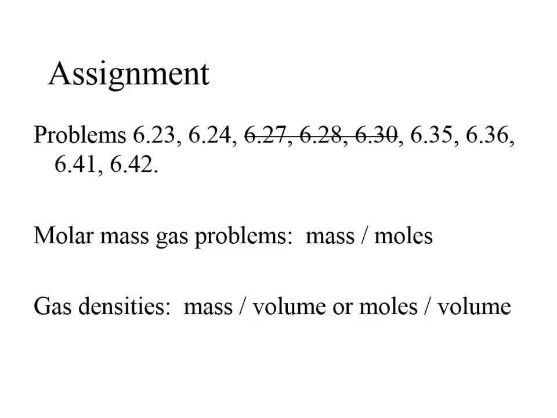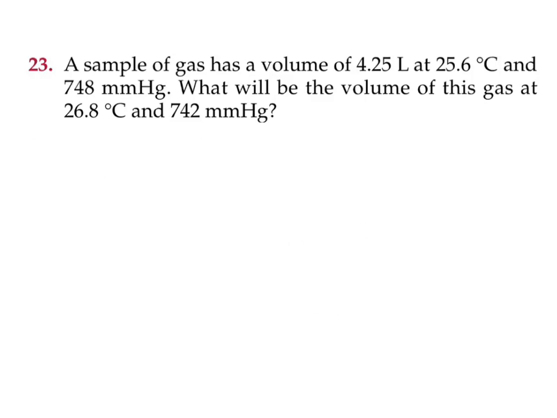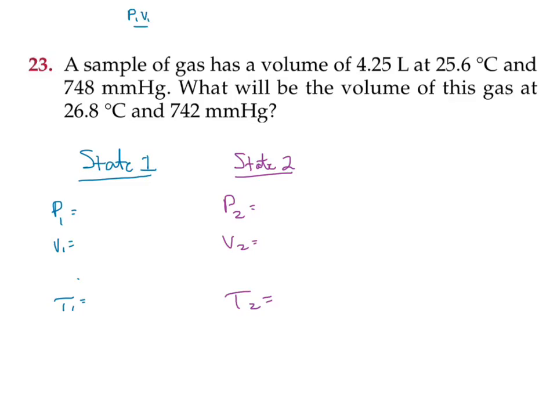So 623 looks like this. Now, some of these hints, you wouldn't necessarily go this route. This is another type of chemistry problem where there's more than one way to get there. But I'll show you how I would think of them. So this looks like a combined gas law problem.